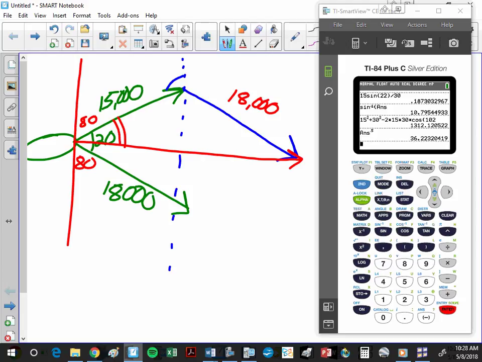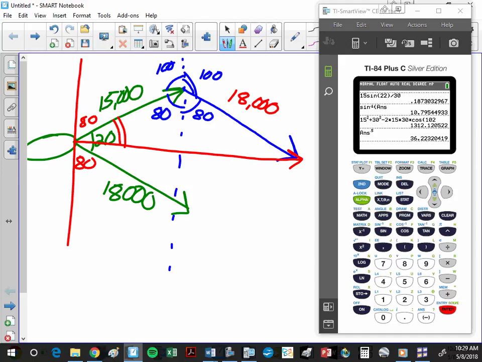So that's going to be 100, because these two have to add up to 180 because we have parallel lines. And this angle here is also 100, because this is 80.